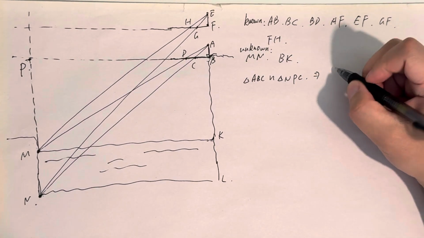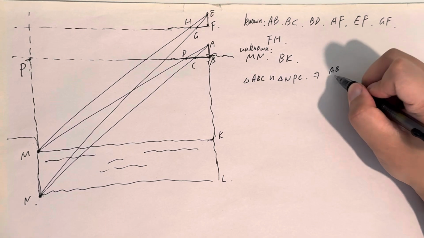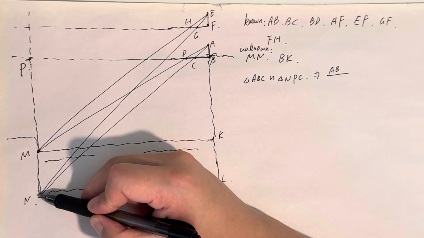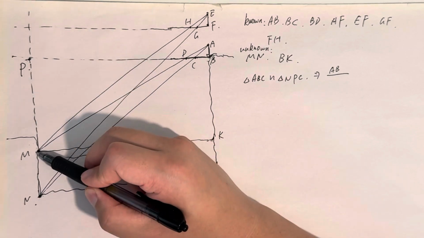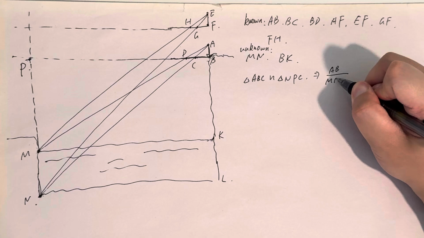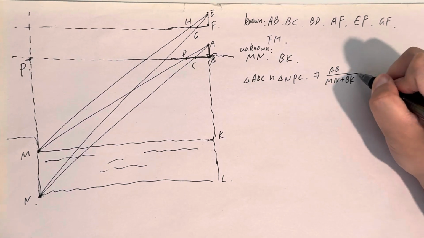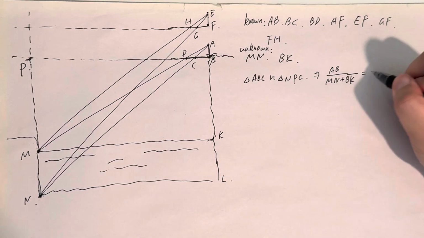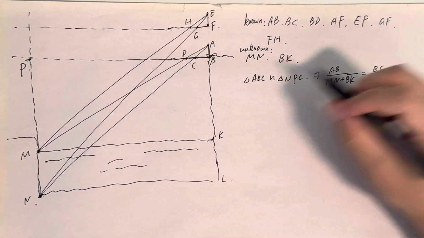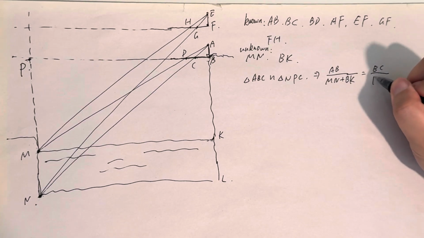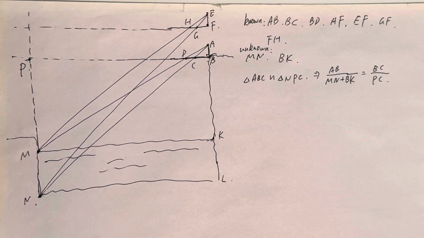Which means we can find AB to PN, which is MN plus PM, which is MN plus BK. So AB to MN plus BK equals BC to PC.